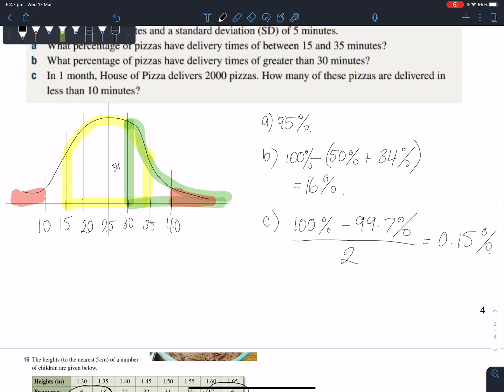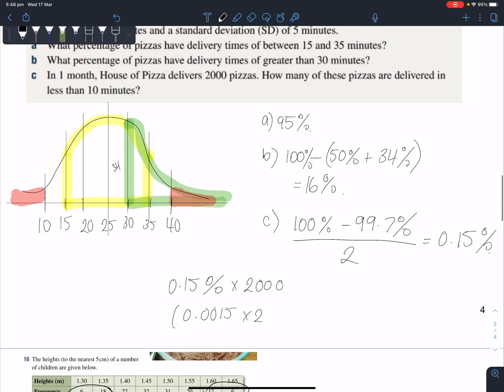Okay, now to find how many of 2,000 pizzas, it's 0.15% times 2,000, or you could do 0.0015, because you've got to divide that by 100. Even though it's a decimal of a percentage, it just means part of 1%. So you still have to divide by 100. Multiply that by 2,000 and you'll work out that it's only 3 pizzas.